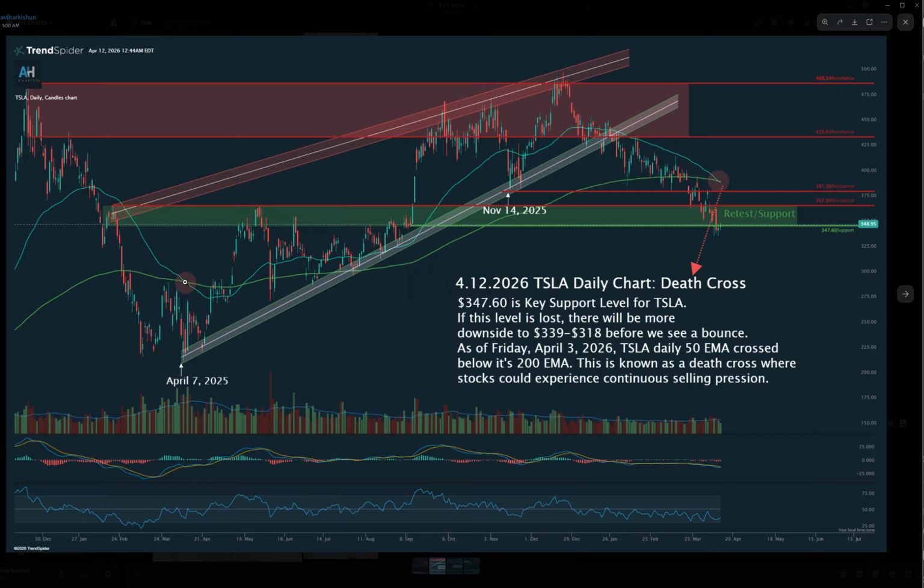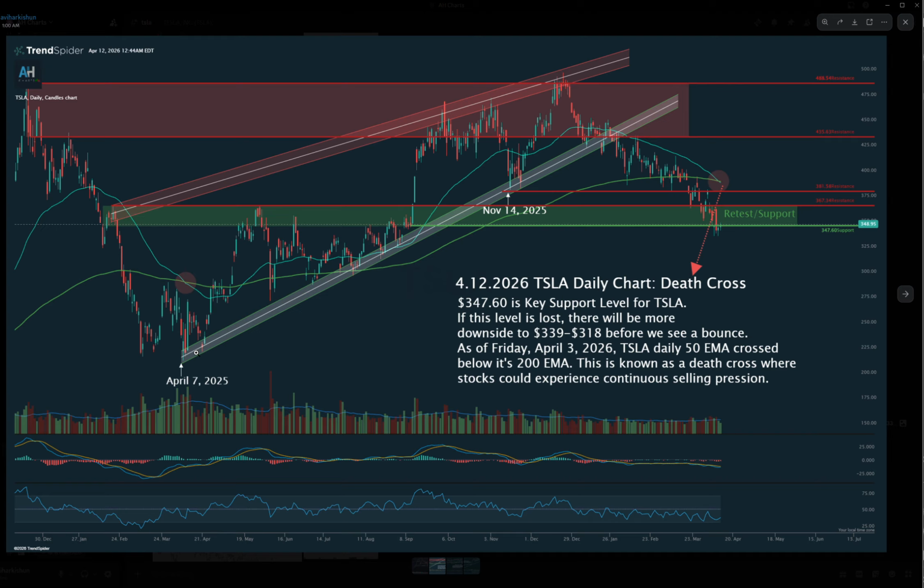Now, you did have a death cross back in April 2025, and Tesla was pretty much a lot down away from the 50 and the 200-day moving average, and you're seeing the same thing here. Whenever you have a death cross, you expect continuous selling a lot of times, but because the overall market rallied, Tesla did not drop more.